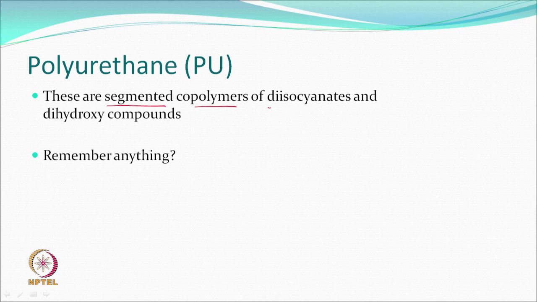So, a segmented copolymer where at least one component is a diisocyanate. Did we remember isocyanate? Did we talk about it somewhere? In the cross-linking of cotton also we talked about diisocyanates. There was a hydroxyl group from cellulose, and we thought it will react with the isocyanate.